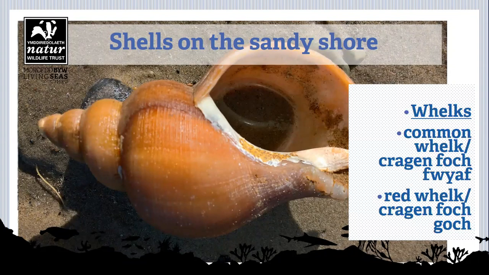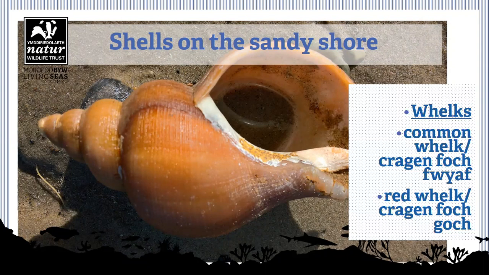The common whelk is part of the fisheries in the UK, and they're shipped to the Far East for food. Both these animals, this one, the Cragen fwyaf, and this is Cragen goch, both of them create those washball eggs.